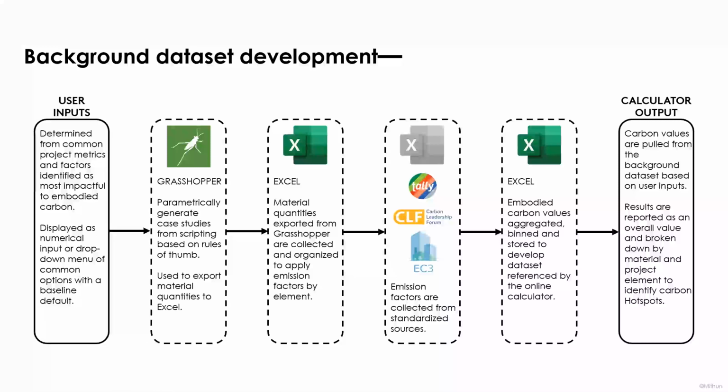We're really trying to drill into what factors best represent the industry average for this particular material or element we're looking at. And then eventually all of this will get aggregated, binned, and stored to develop a background data set in Excel that the calculator will be able to use to spit out results.